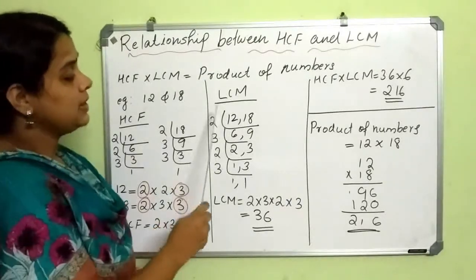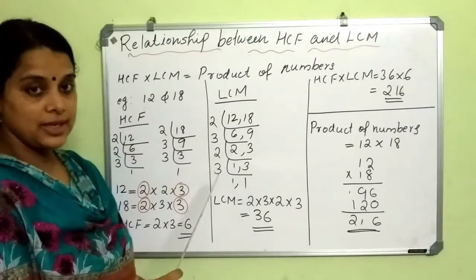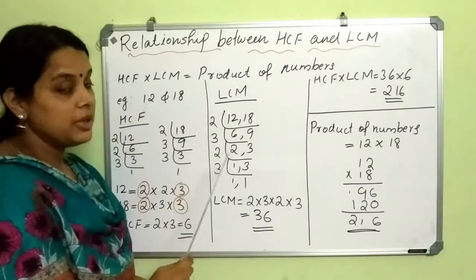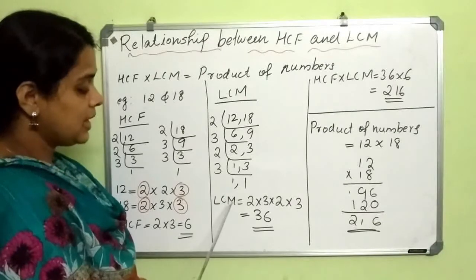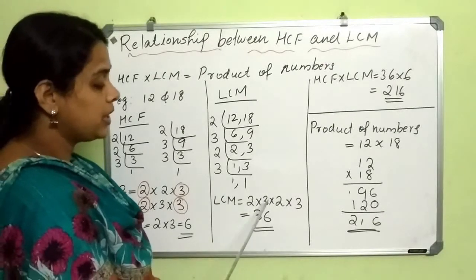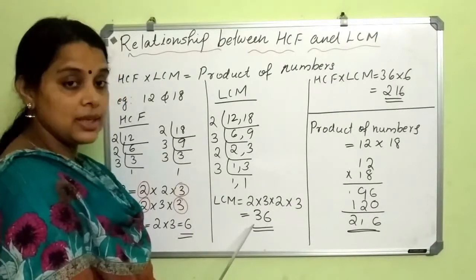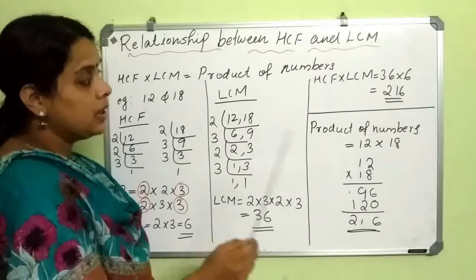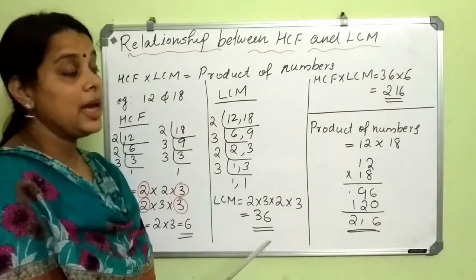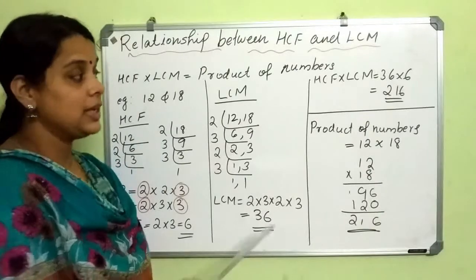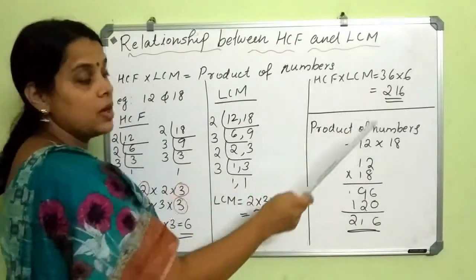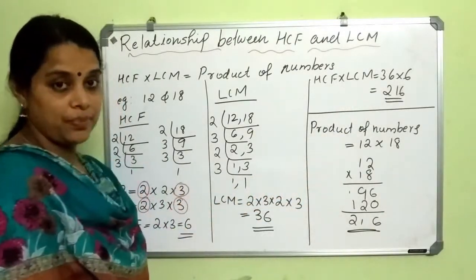Now we will find LCM of 12 and 18. Using common division method, we will get LCM is 2 into 3 into 2 into 3, that is 36. Now we can find LCM into HCF, that is 36 into 6, we will get 216.